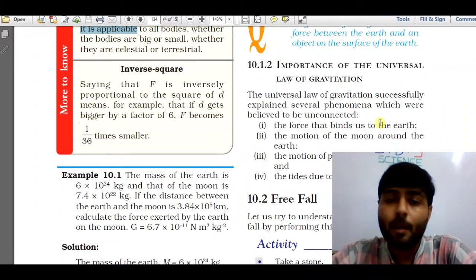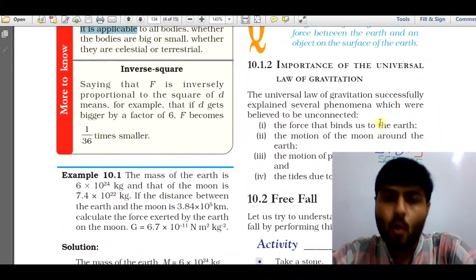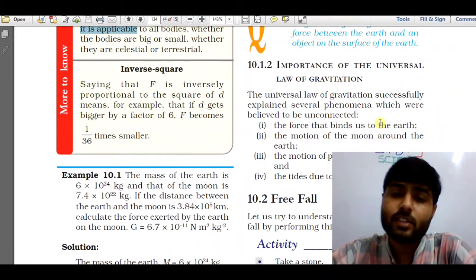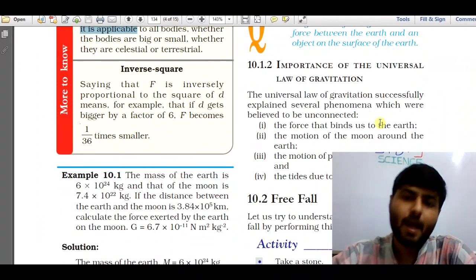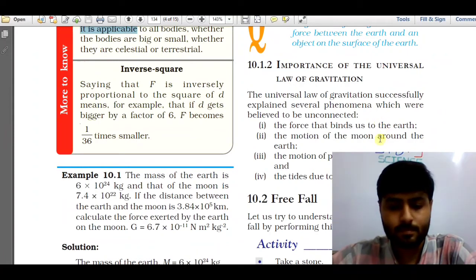The sun is comparatively less responsible for high tide and low tide. The main reason for high tide and low tide is the gravitational force of the moon. Let's try to understand this by figure.